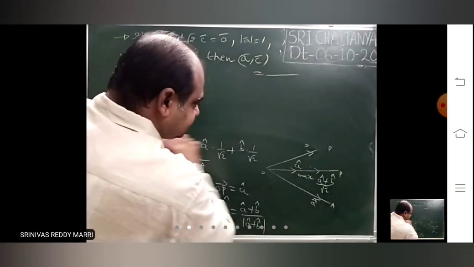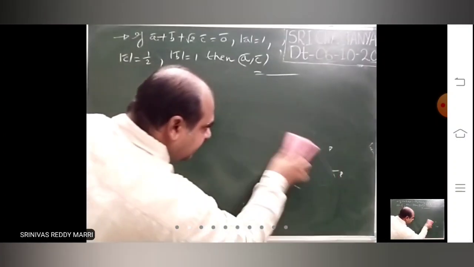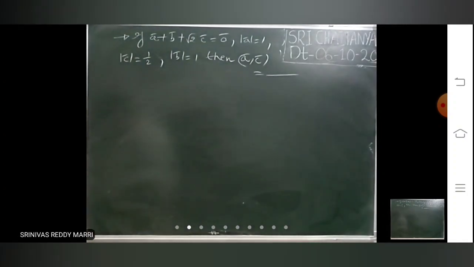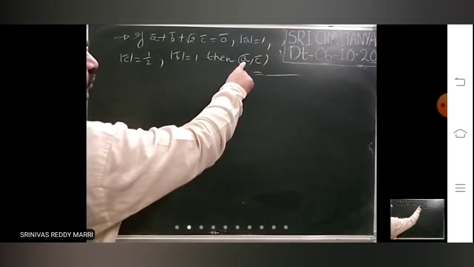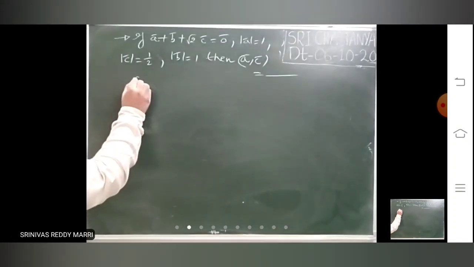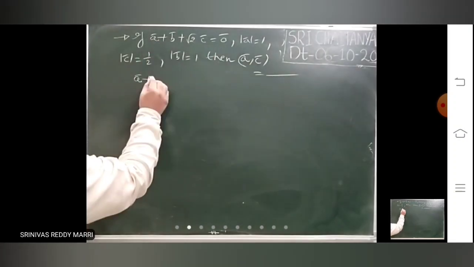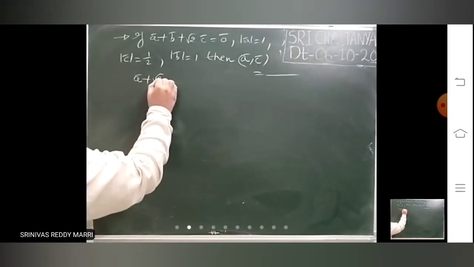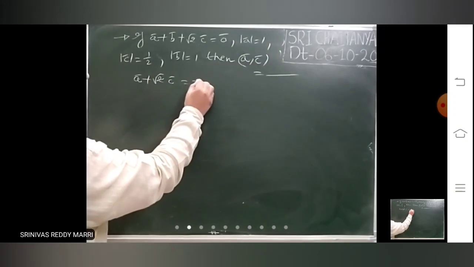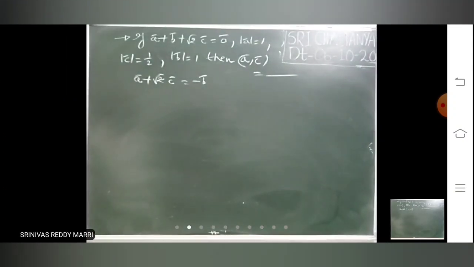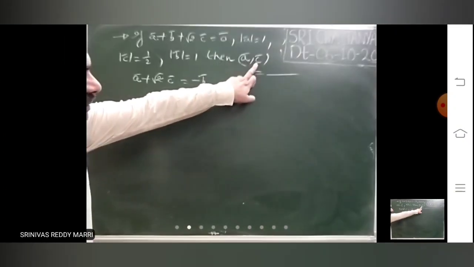Look at such a type of equation in A bar, B bar, C bar. Whenever you want an angle, whatever angle is required, those vectors you keep on this side, and the remaining vectors bring to that side. This angle is between A bar and C bar.